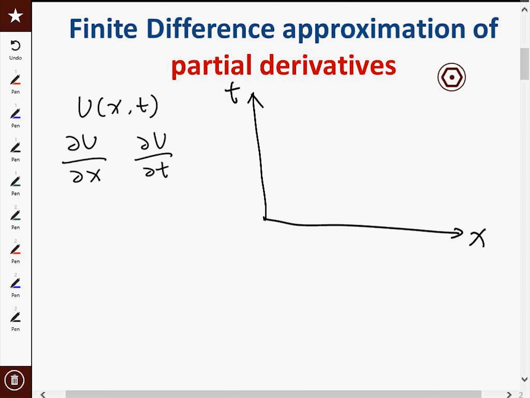Now let's use the same plot, in one direction x, the other direction t, to visualize my mesh. I'm going to design my grid or mesh to be like this. I think in finite difference it's more common to use the word grid. When you go to finite volume or finite element, we'll use the mesh instead, and you are going to see why that is the case. So we have a grid like this.